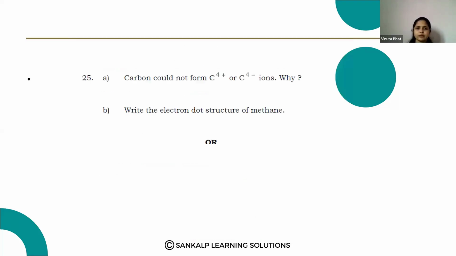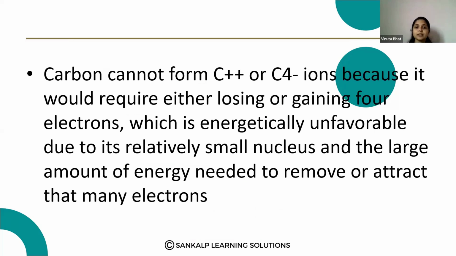Next question, 25th question. Carbon could not form C4+ or C4- ions. Why? Write the electron dot structure of methane. One of the important questions. Let us see the answer. Carbon cannot form C4+ or C4- ions because it would require either losing or gaining 4 electrons.